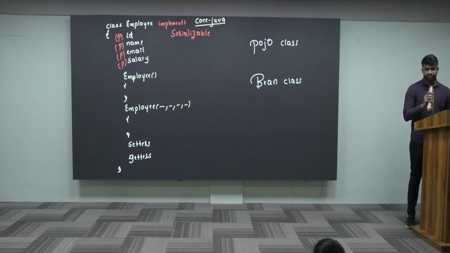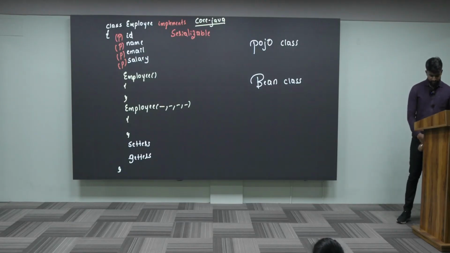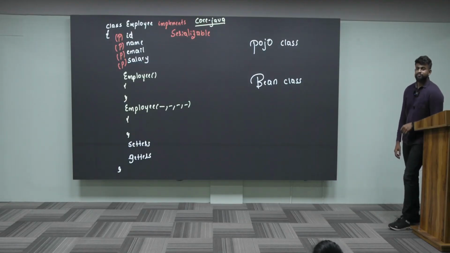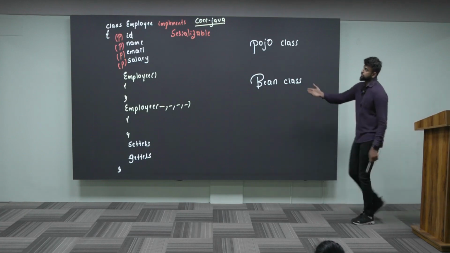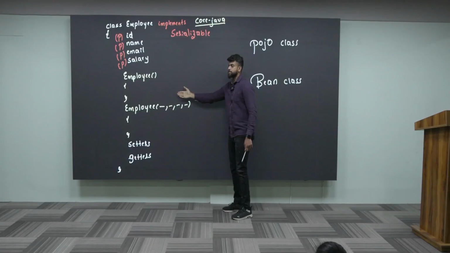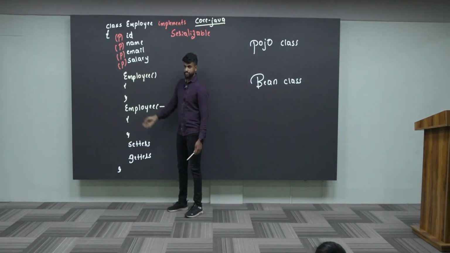You remember? It's a marker or tagged interface, which is an empty interface. Empty interface means you don't have any abstract methods inside Serializable, so you'll not get any error here.